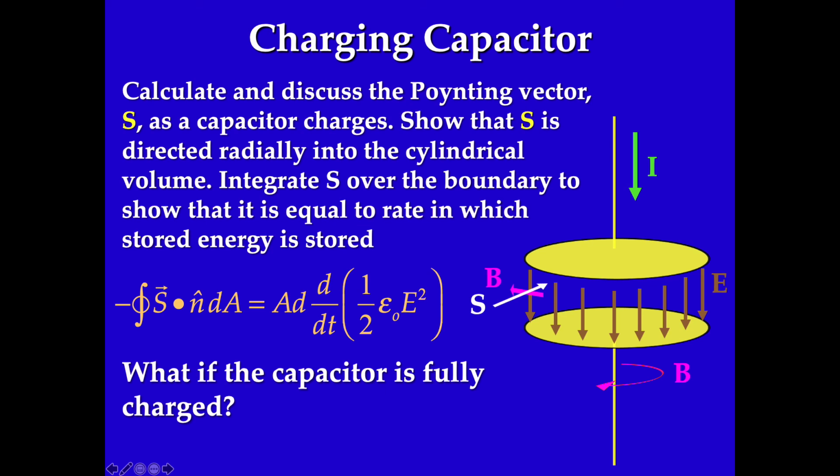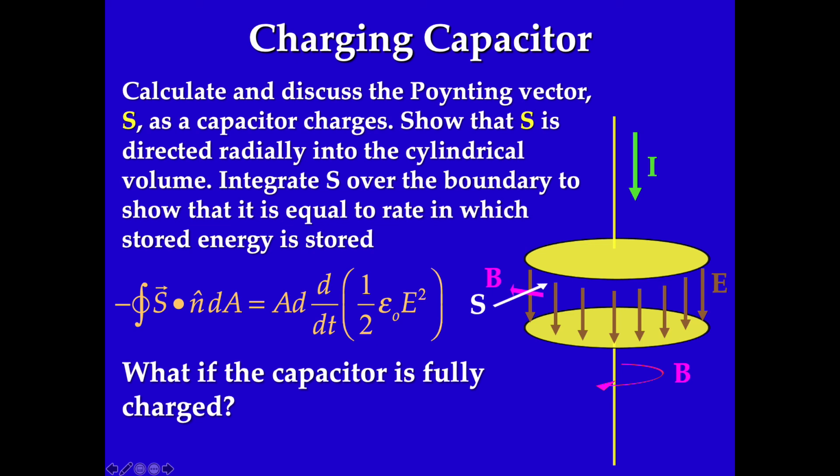The cross product of the electric field and the magnetic field is radially inward. That means as the capacitor charges, the energy is coming in from the sides. It's not coming through the wire. Do you guys see that? That when the capacitor is charging, the energy is coming radially inward.